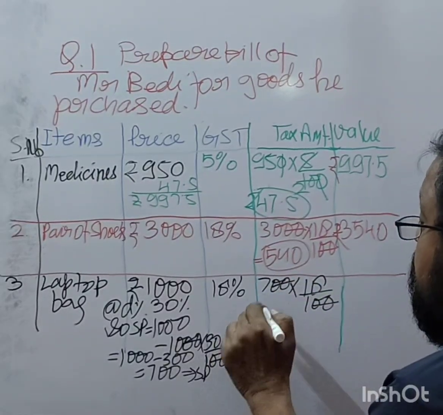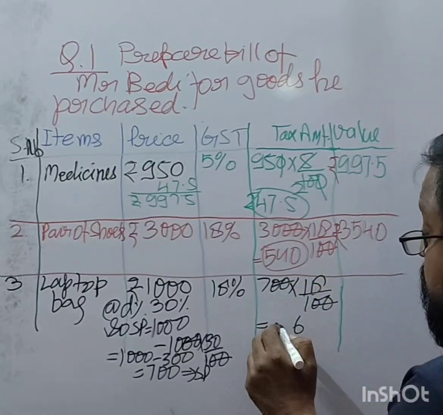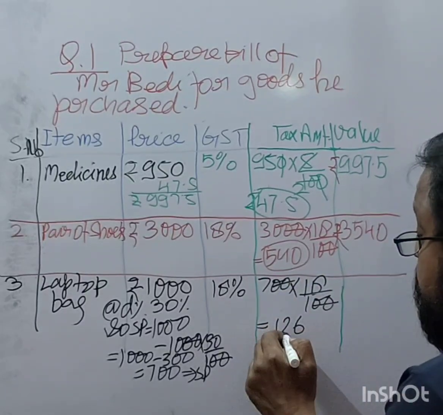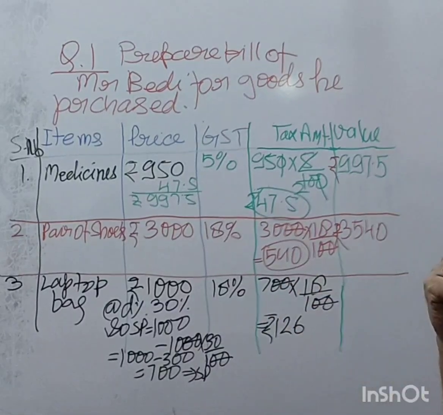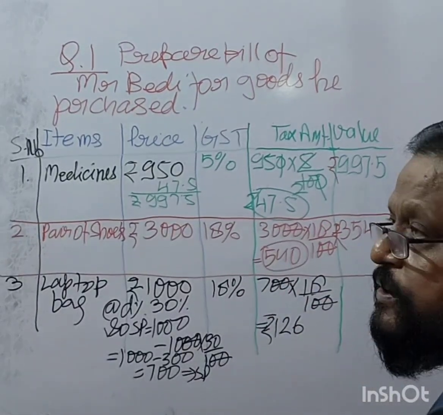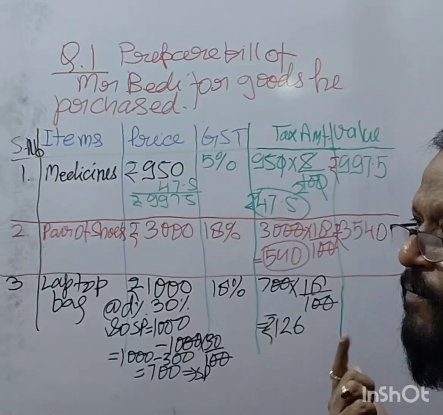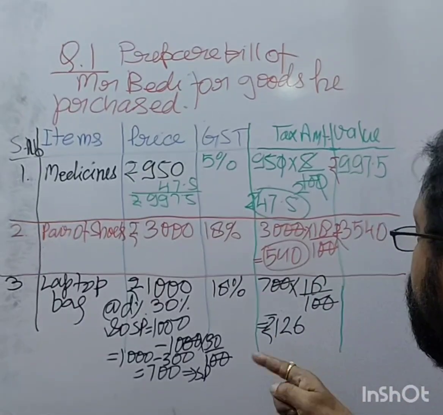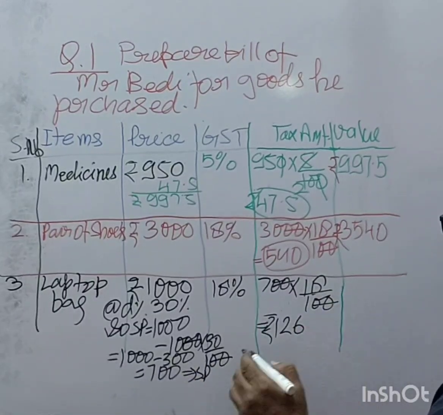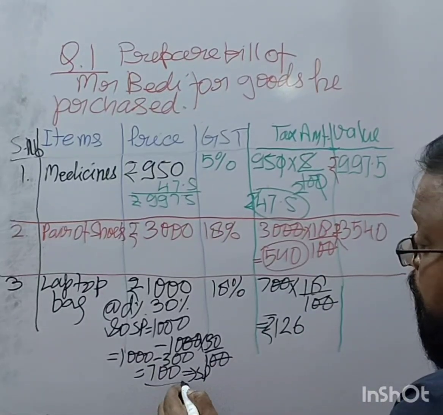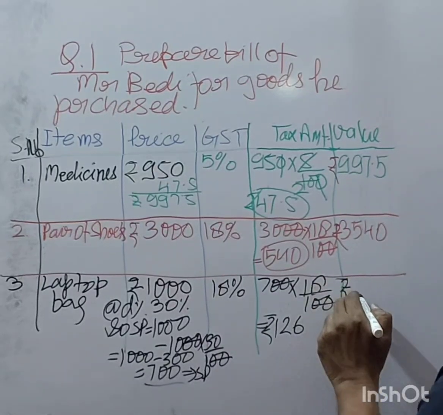Cancel out. 8 times 7 becomes 56. We get 5 carry. 1 times 7 becomes 7 plus 7 plus 5 becomes 12. So 126. And 700 plus 126.